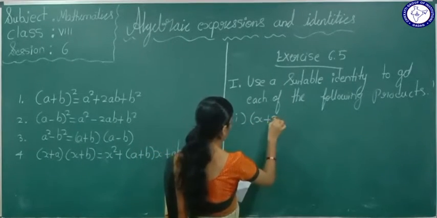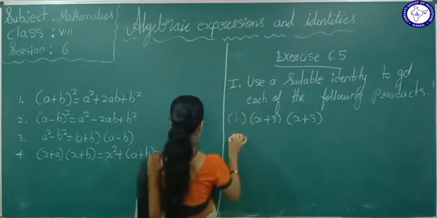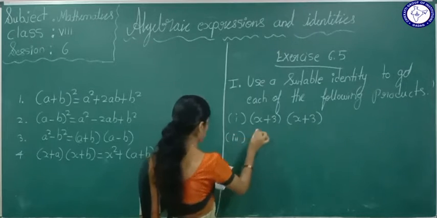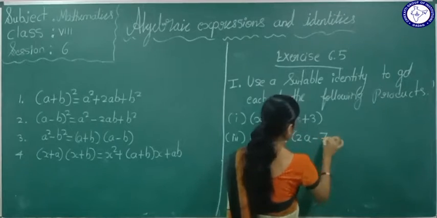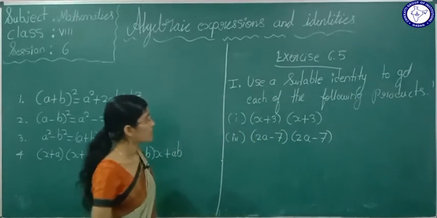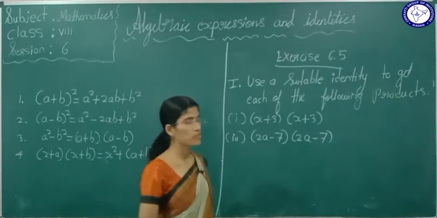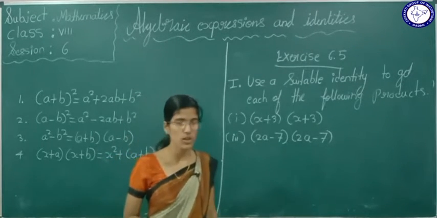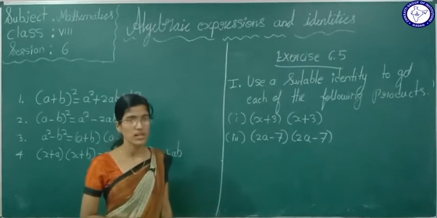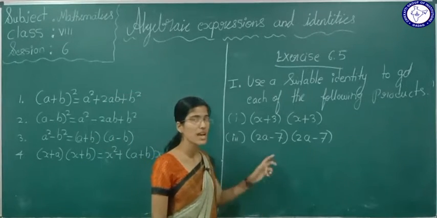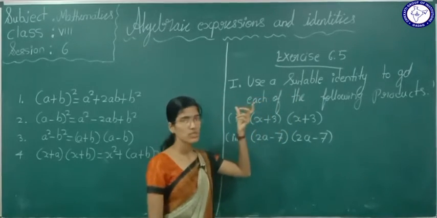The remaining all you have to try by yourself. See, in one of the examples we saw they used this identity, right? But they have not given it here like that. You have to think of which identity you have to use here. They have told specifically, use a suitable identity.